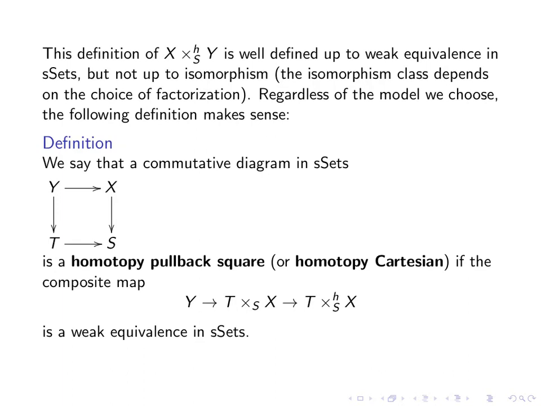So we say that a commutative diagram in simplicial sets is a homotopy pullback square, or homotopy Cartesian, if the composite map from Y to the homotopy pullback is a weak equivalence.